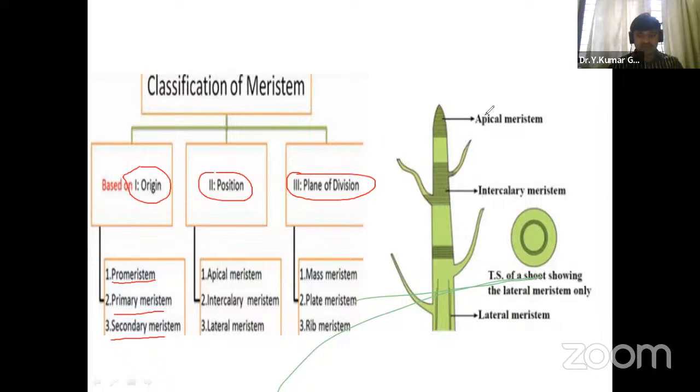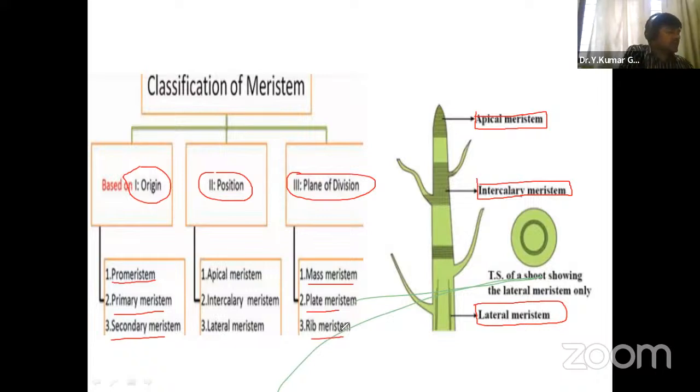Based on position, as given in the diagram: apical meristem, intercalary meristem, lateral meristem. Next, plane of division: mass meristem, plate meristem, rib meristem.